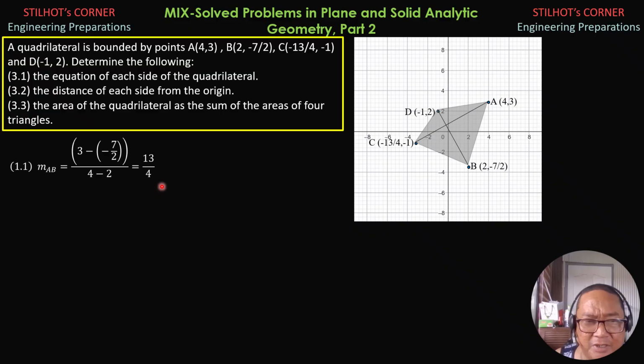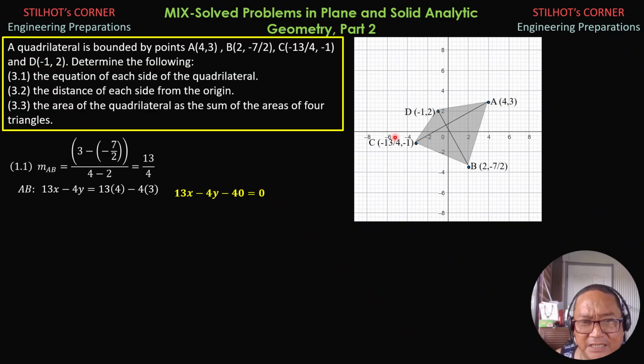So the equation of side AB, using point A, is 13x minus 4y equals 13 times 4 minus 4 times 3. You can check also using (2, -7/2): 13 times 2 minus 4 times negative 7/2. The answer should be the same. So 13x minus 4y minus 40 equals 0. That's the equation of side AB.